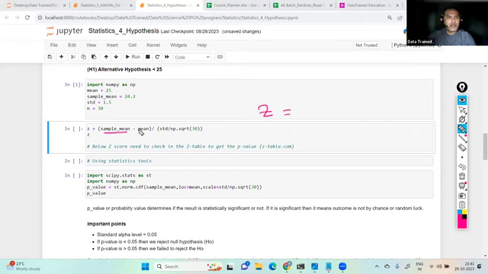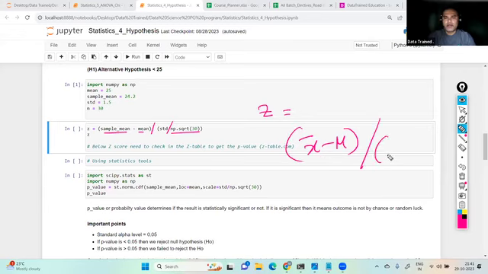We have the sample mean minus the mean, divided by the standard deviation divided by np.square root of n. So it means X bar minus mu divided by the square root of n.